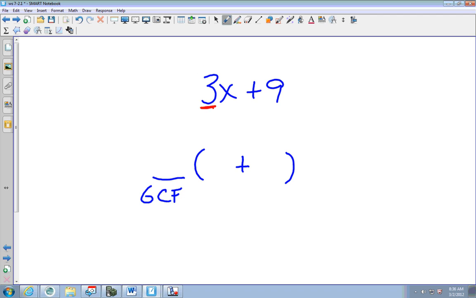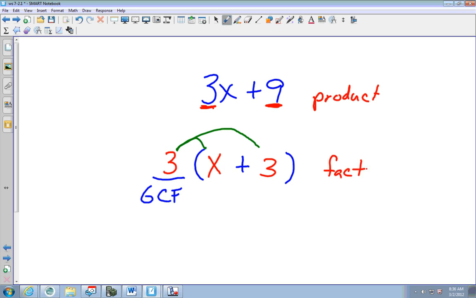But the 3 is, doesn't the 3 go into the 9? So I pull the 3 out here. 3 times what gives me 3x? X, right? 3 times what gives me 9? 3. Oh, this is my product. And we just went backwards and we factored, because these are my factors.